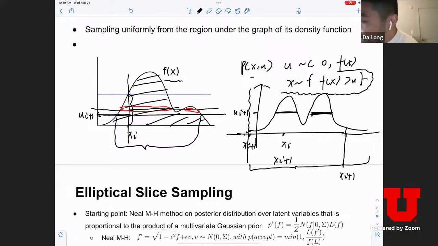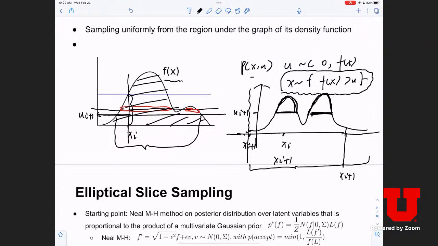This is the bound. So given a u i plus 1, you need to find the region where the fx is greater than the u. Like here, given the ui plus 1, in this place you can see the density function is greater than the ui plus 1. So this region is valid.